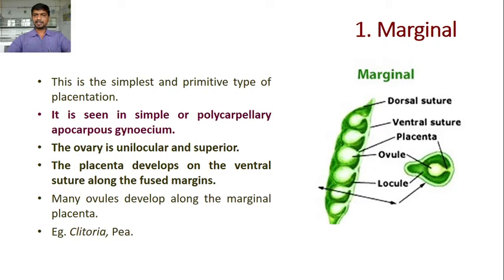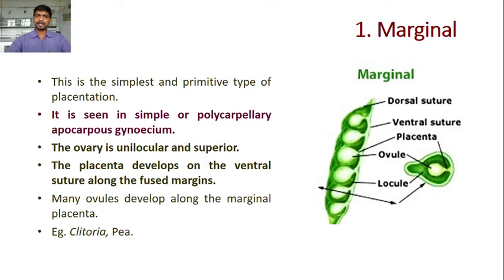So the placenta has developed on the fused margin. So the placentation is the marginal placentation. So this is the legume fruit where the placenta has developed on the ventral suture along the fused margins, and many ovules develop along this marginal placenta. So this type of placentation is a marginal placentation.